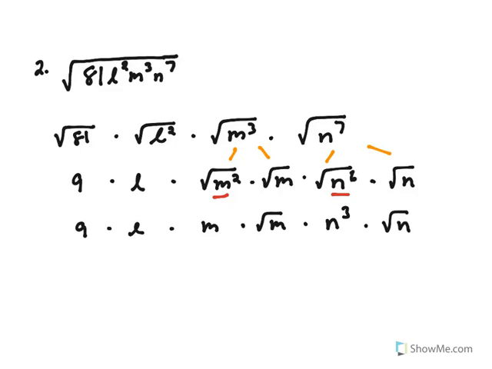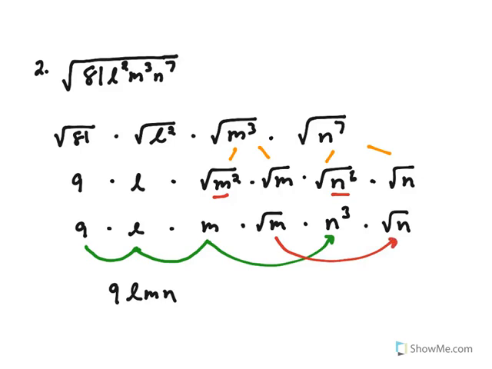So we're going to multiply everything that's not under the radical. That's going to be this times this times that. And that's going to give you 9LMN. And then we're going to multiply the two radicals together. And that's going to give me the square root of mn.